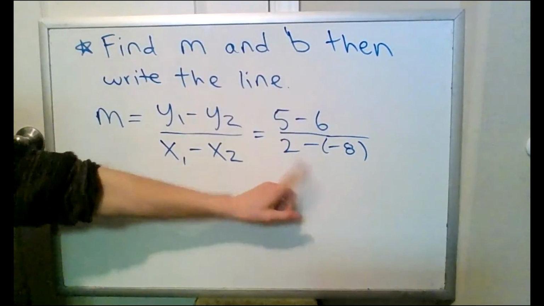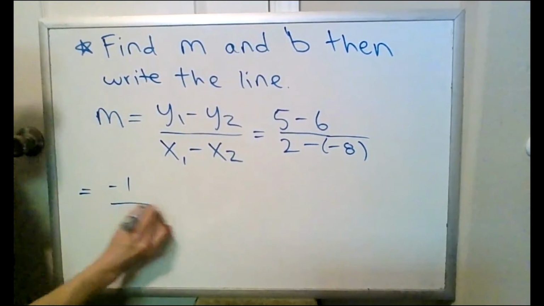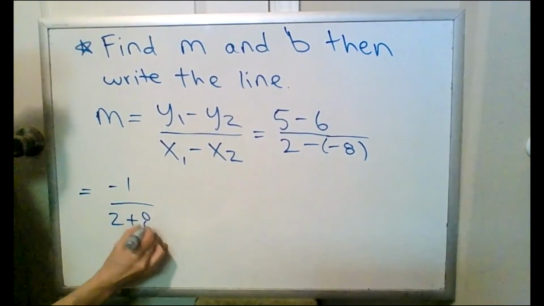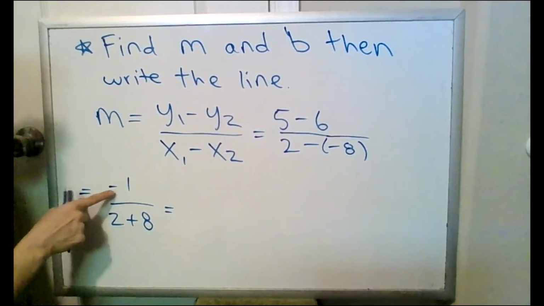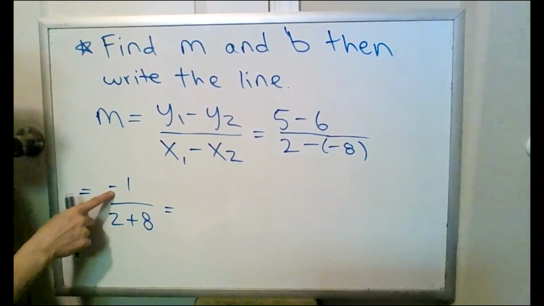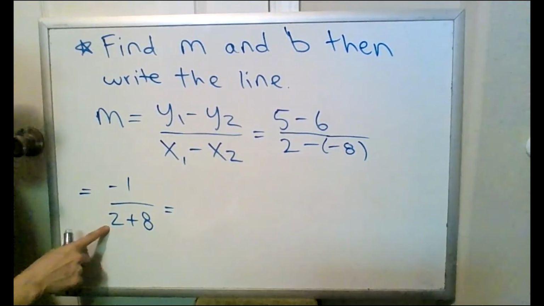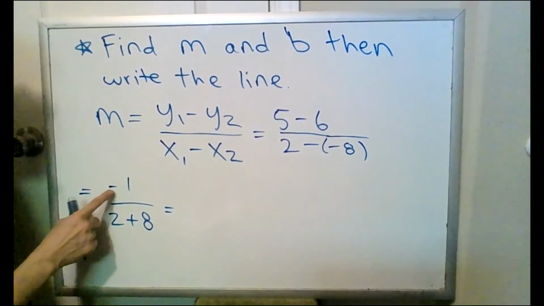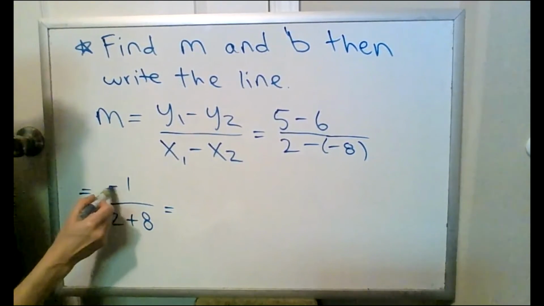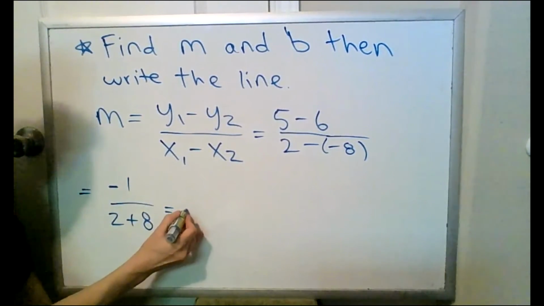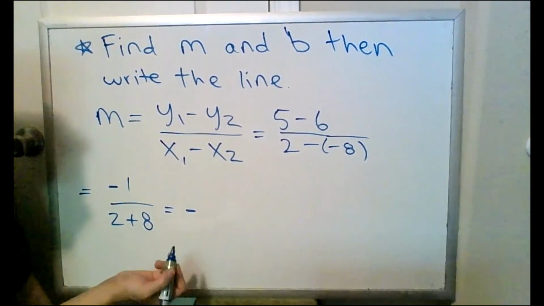This is negative 1 over 2 plus 8. I've mentioned before that if you've got a negative sign in the numerator, you can also write it out front. You could write it in the denominator. As long as there's one of these as part of your number, it's a negative number. So I'm going to bring it to the front, and then there's 1 over 10.